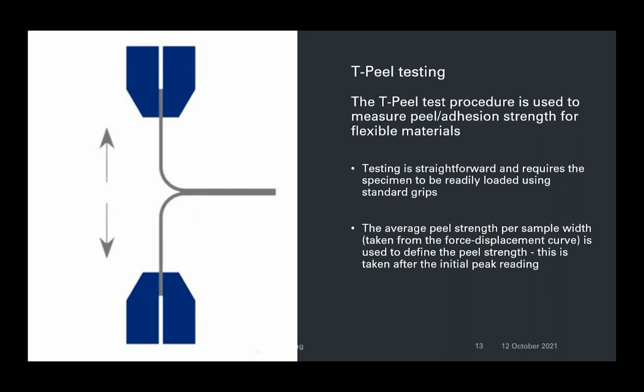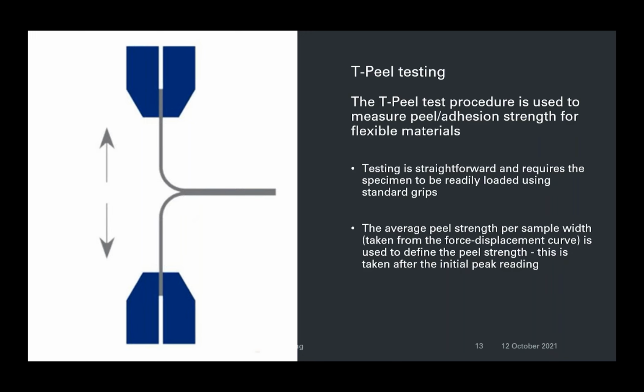The procedure is a straightforward tensile pull test at a constant speed and, in most cases, requires simple standard grips or fixtures. And finally, the average peel strength per sample width, as we've mentioned earlier, is calculated on a force versus displacement curve to define that peel strength.